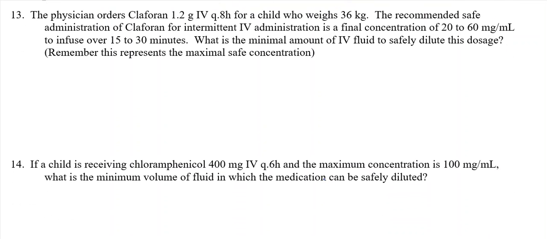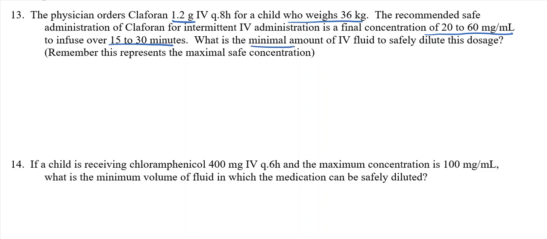Number 13. The physician orders clarithromycin 1.2 grams every 8 hours for a child who weighs 36 kilograms. The recommended safe administration for intermittent IV administration is a final concentration of 20 to 60 milligrams per milliliter to infuse over 15 to 30 minutes.